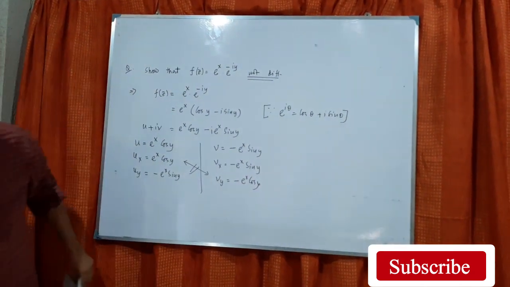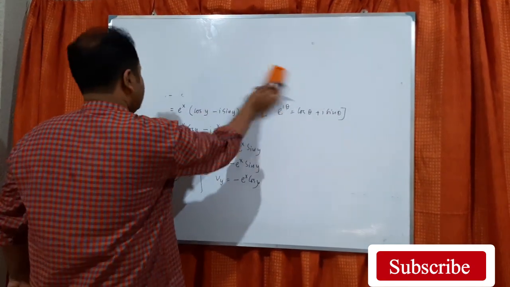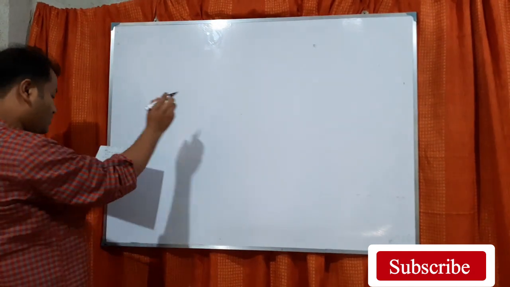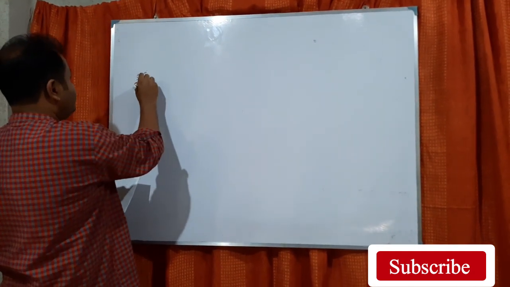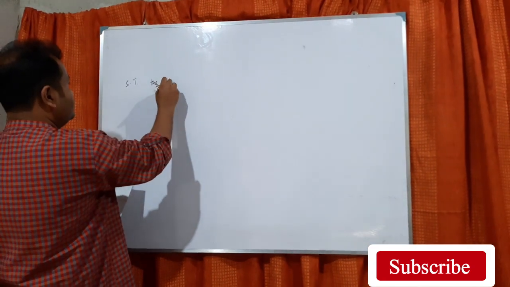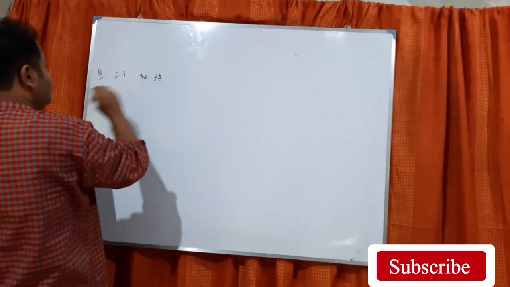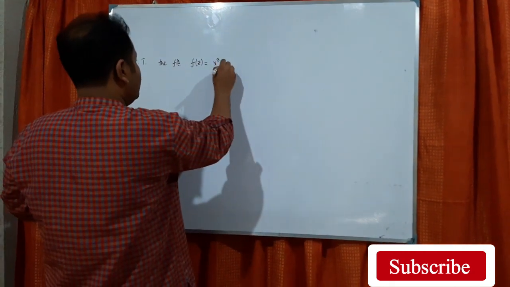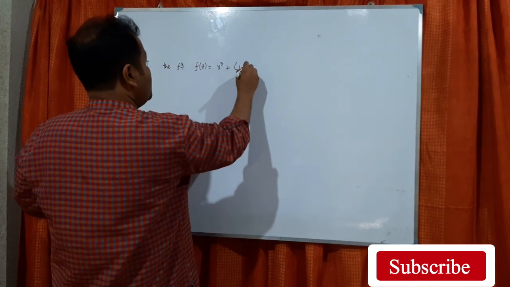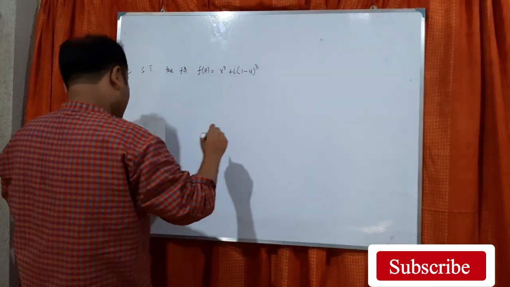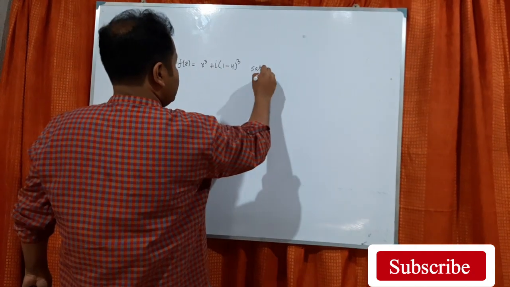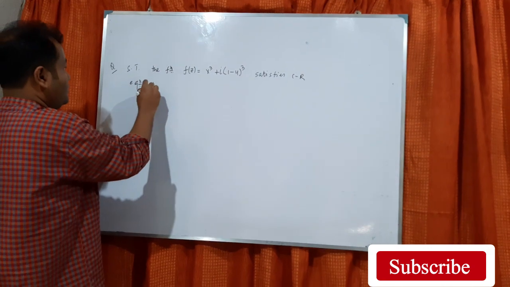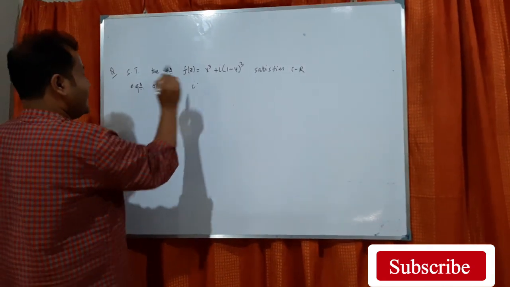Now the last problem which you may try, then you can understand this lesson properly. Show that the function f(z) equals x cube plus (1 minus y) whole cube into i satisfies CR equation only at i.